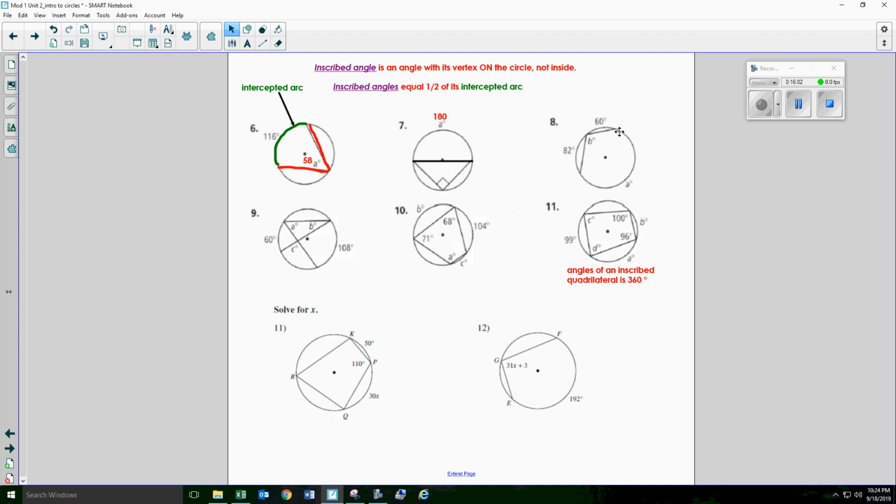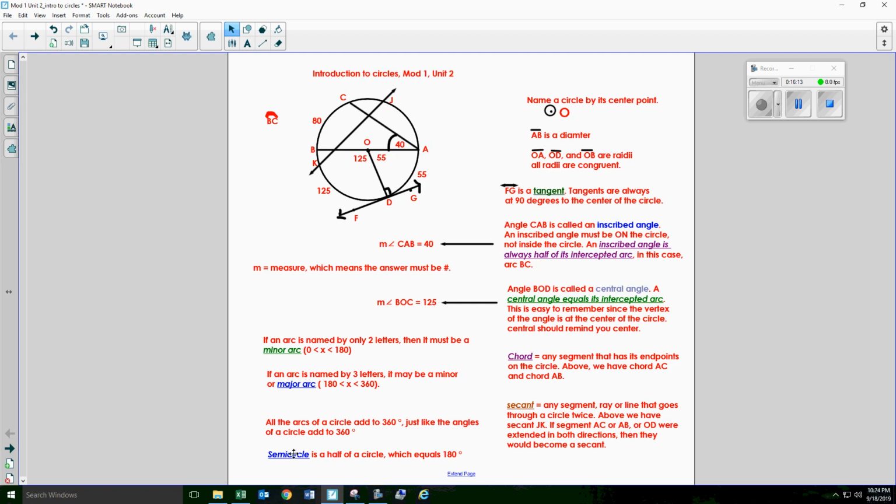So 180. Okay, here, notice I have to figure out both of these. Well, what I need to remember is a circle is 360 degrees. All the arcs of a circle add up to 360 degrees, just like the angles of a circle. A semicircle, which is half of a circle, is 180 degrees.